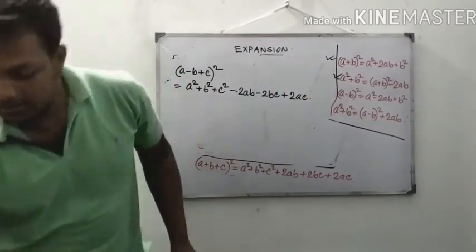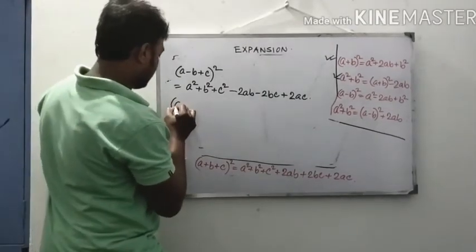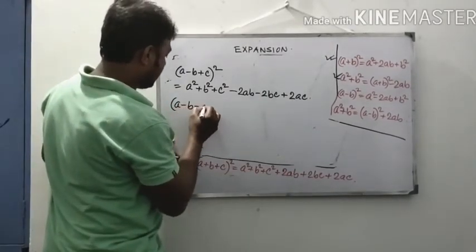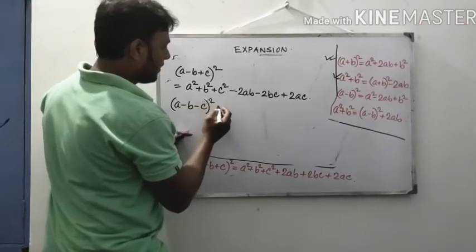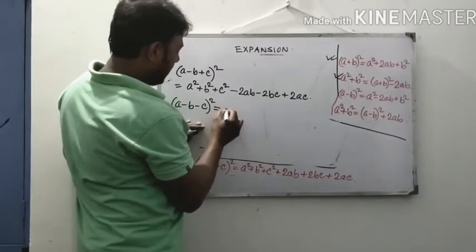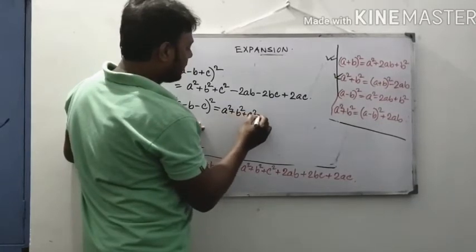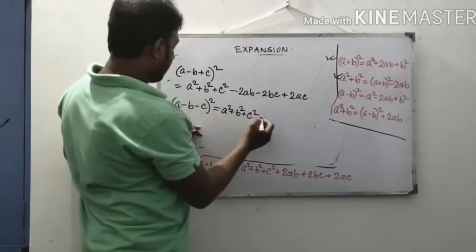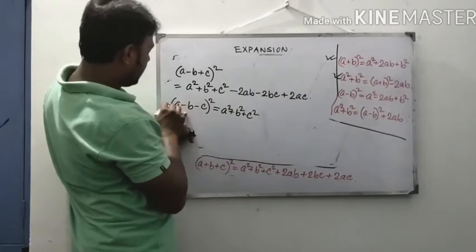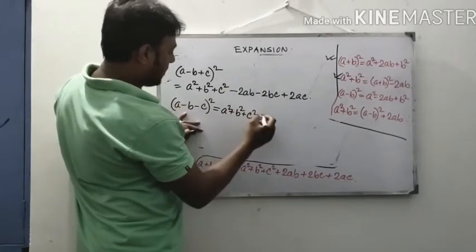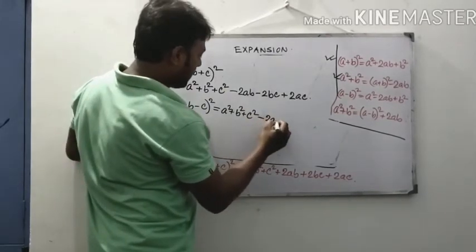Just wait, for (a - b - c)² whole square, write it. It will be a² + b² + c². This is always fixed. Here first one is positive, this is negative, so plus into minus, -2ab.